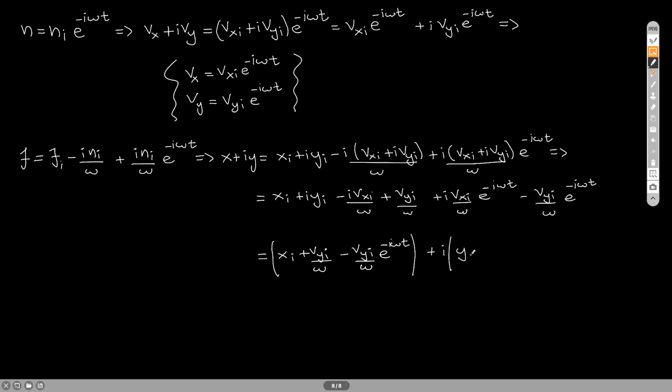Now I have y initial, minus Vx initial over omega, and then plus Vx initial over omega e to the minus i omega t. And now I can say x is given by this.